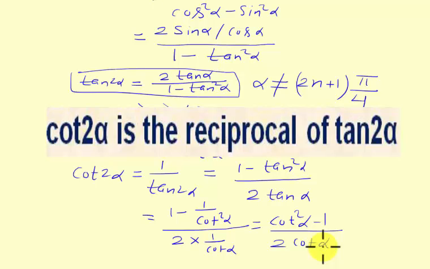But dear students, here also the condition is there. Okay, alpha should not be equal to n pi by 2 here.